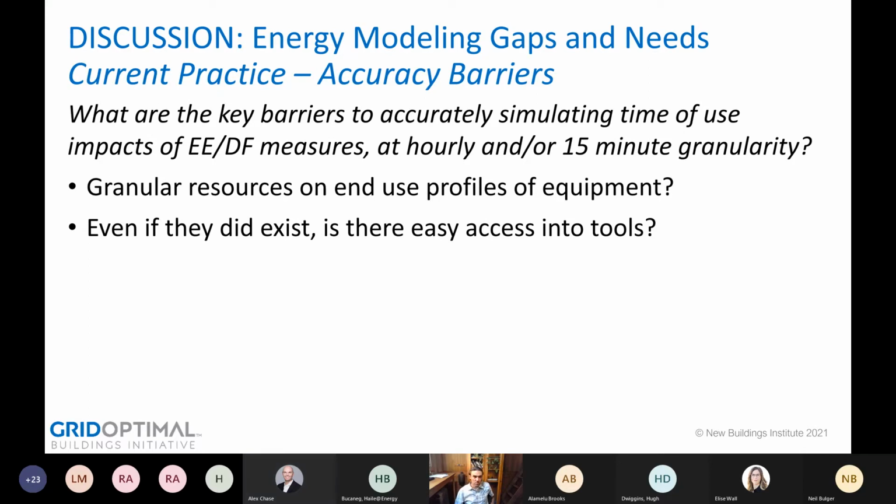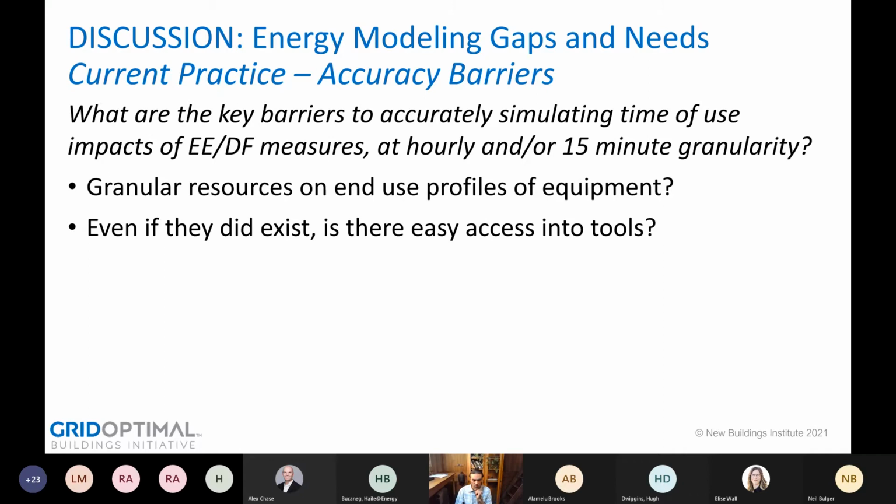So in the interest of providing something for the recording, here's the first one I'm talking about. What are the accuracy barriers that are stopping us from accurately simulating these time of use impacts, either at the hourly level in an 8760, or in a more granular case, 15-minute is pretty typical for AMI, for smart meter infrastructure.